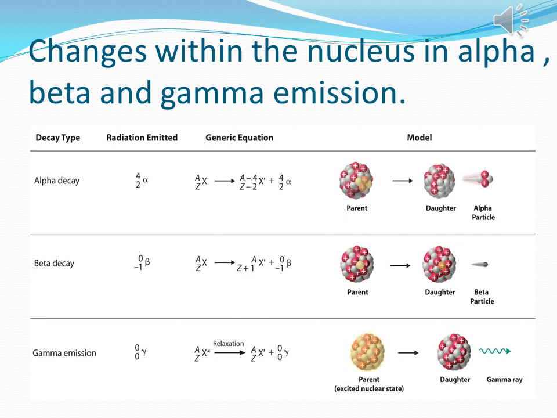Beta emission. When an unstable nucleus contains more neutrons than protons, a neutron may change into a proton by emitting an electron. The electron given out from the nucleus at high speed is called a beta particle. A stream of beta particles is called beta rays.